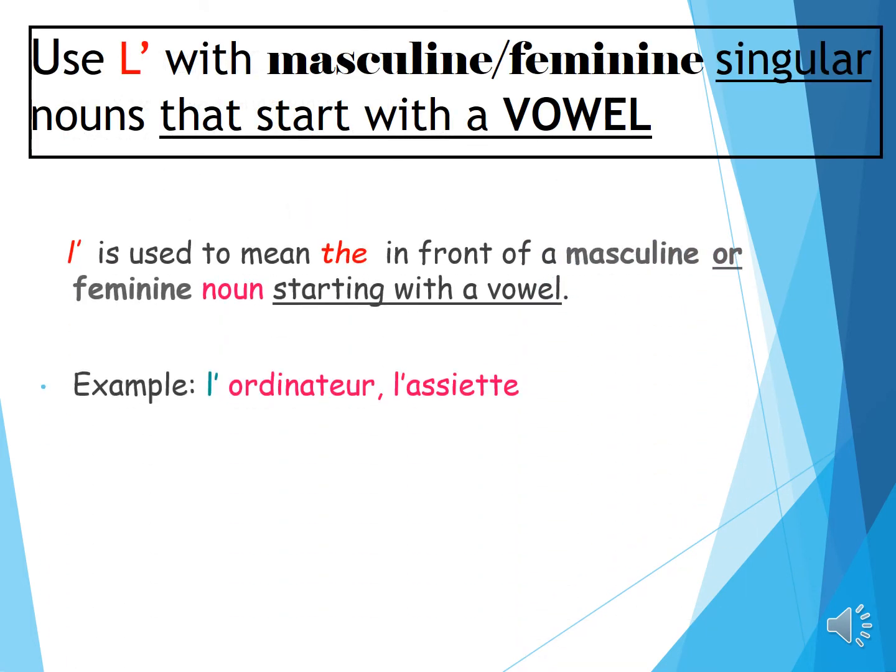You can see the examples in front of you, l'ordinateur, l'assiette. L'ordinateur is masculine, l'assiette is feminine, but they all start with a vowel. That's why we are using l'.